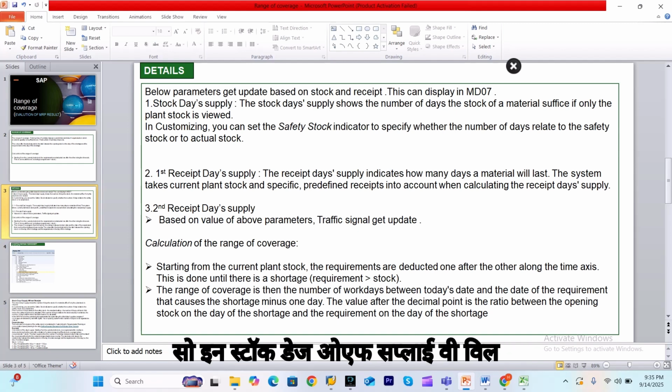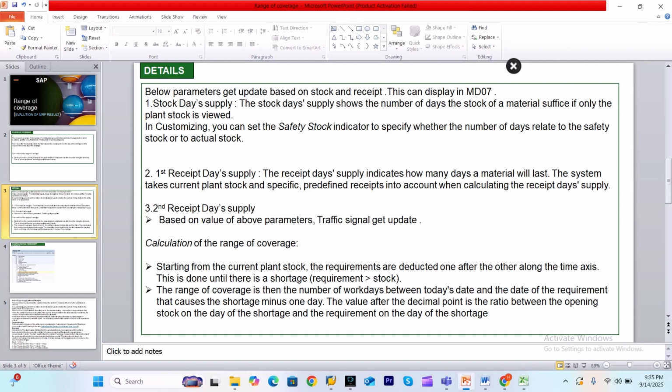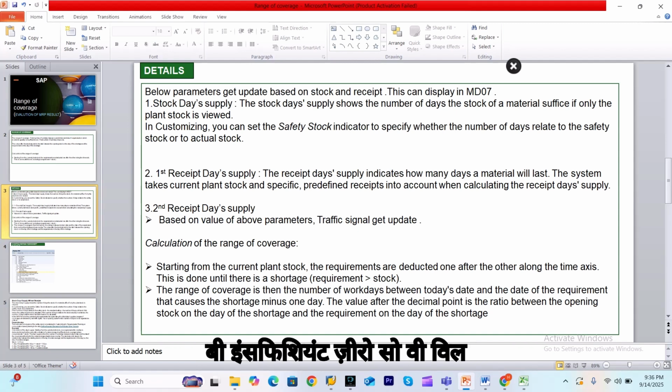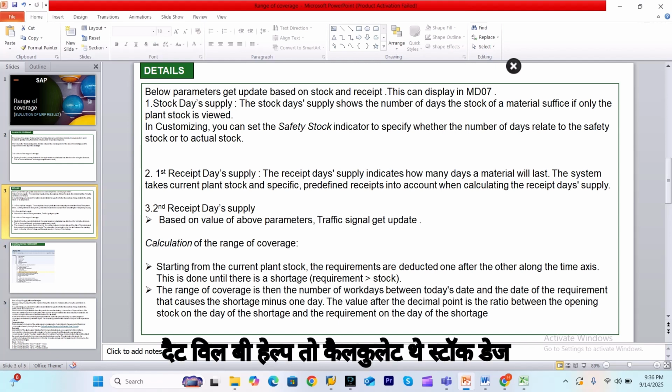In stock days of supply, we consider the stock: on which requirement day the stock will be insufficient or zero. We calculate the number of work days between today and the day of the last requirement where this stock will be zero or insufficient, minus 1.